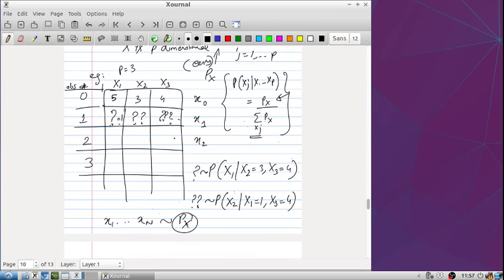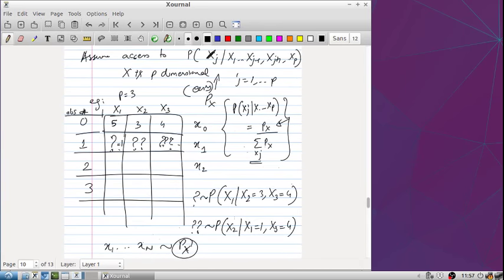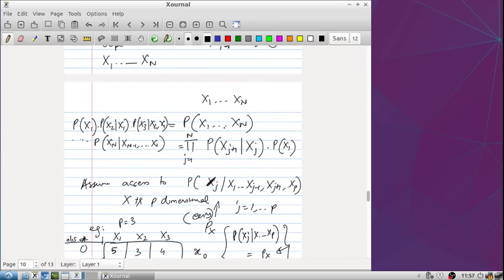So here what I wrote was, think of these x's as vectors.